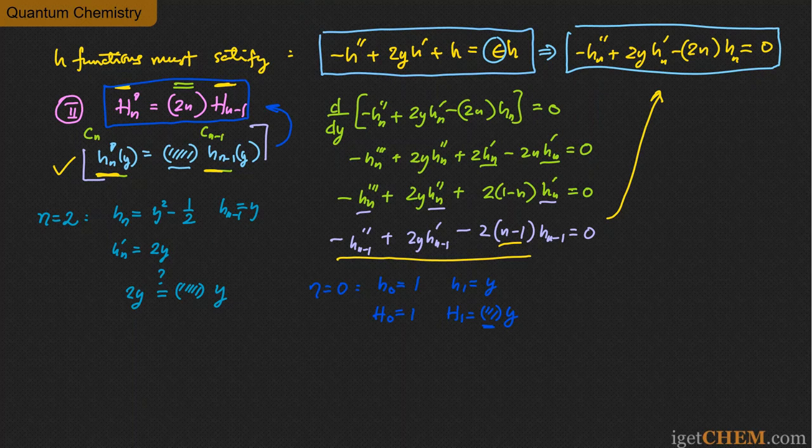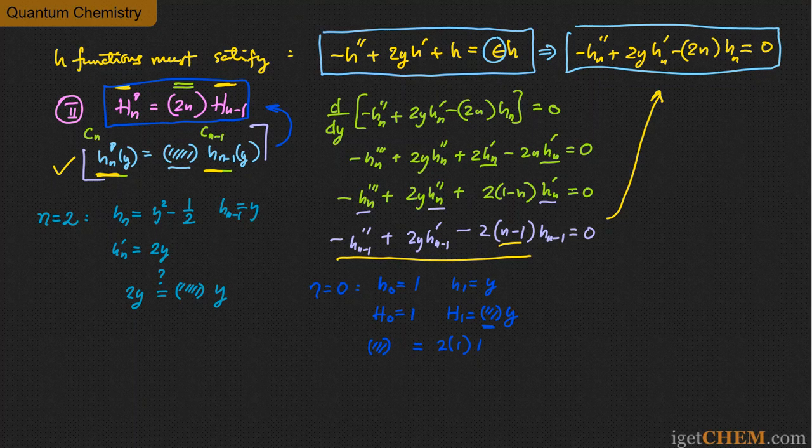So h1 prime is obviously equal to this unknown constant times y, and that we said is equal to 2 times n. But the question is, what is n? Well, the n that we are referring to is h1, so in this case n is equal to 1 multiplied by h0, which is 1 on the right side. Sorry, when I differentiate h1, the y should have gone out. So that is the relationship.